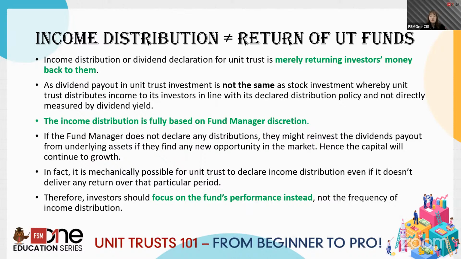Therefore, an investor should focus on the fund performance instead and not the frequency of the income distribution. For example, an investor may focus on unit trusts that invest into high dividend yielding stocks, also known as income focused funds.